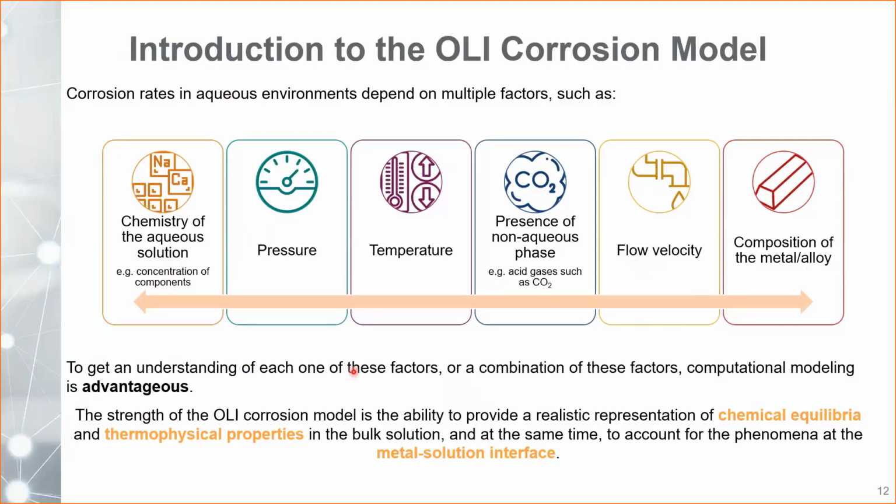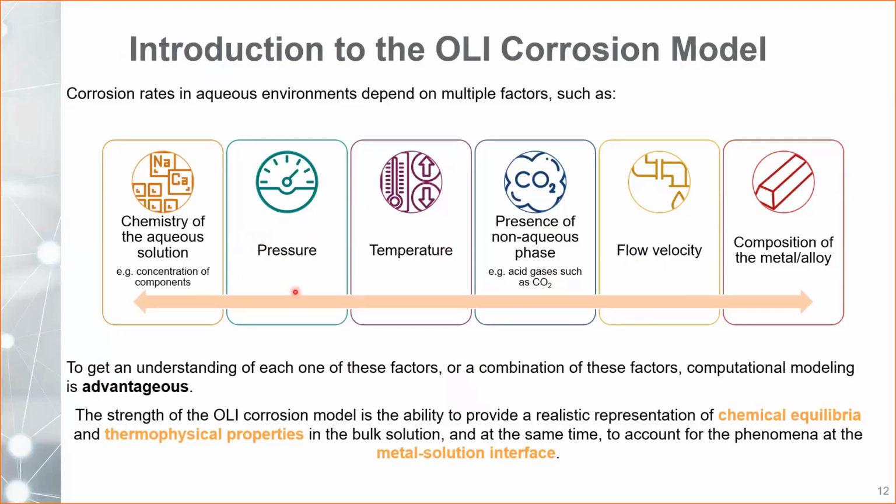So here is where computational modeling becomes relevant because it allows us to get an understanding of each one of these factors, or any combination of these factors, right? You want to understand what's the effect of temperature and flow velocity, or just the effect of pressure, for example.